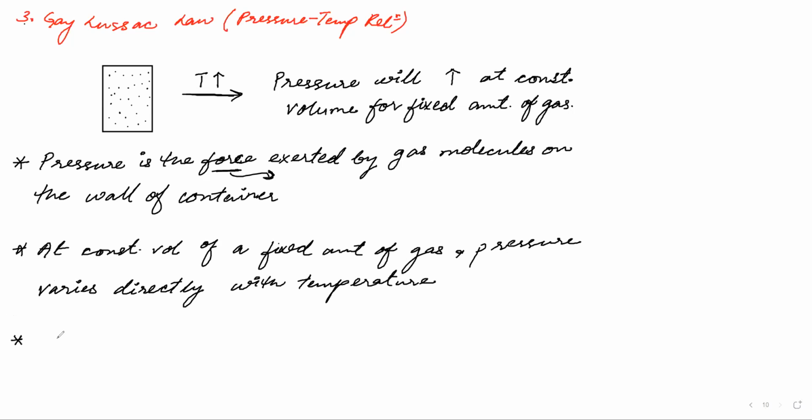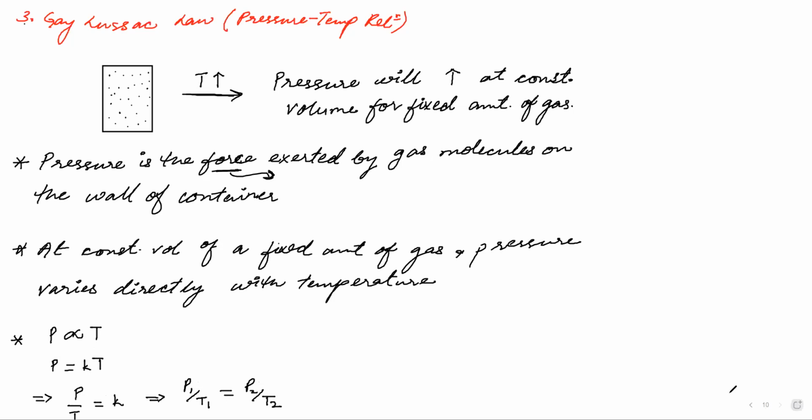Hence, we can write P is directly proportional to temperature. That means P is equal to some constant times temperature. That means P by T is a constant. It means that P1 by T1 is equal to P2 by T2. Correct?